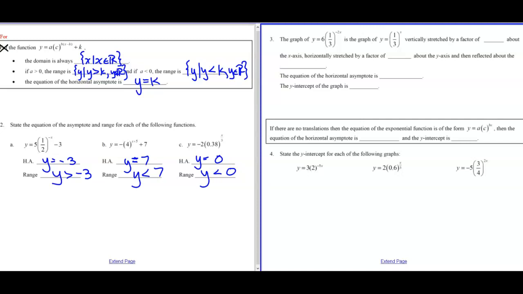So vertically stretched by a factor of 6 about the x-axis. Horizontally stretched by a factor of, remember, we don't incorporate the negative. Coefficient is -2, so we take the reciprocal of the 2. And then reflected about the y-axis. We're changing the sign of x.